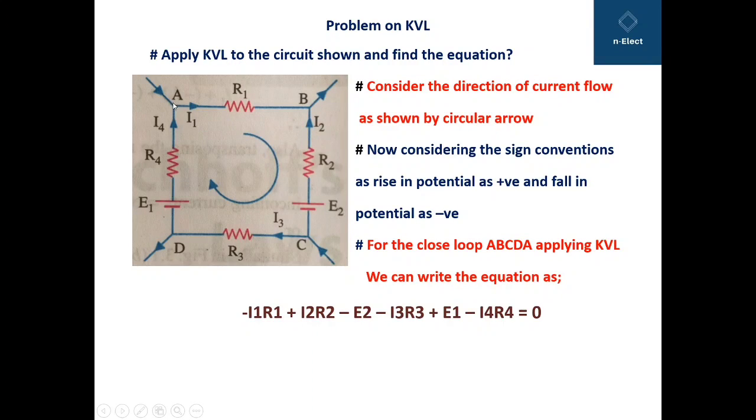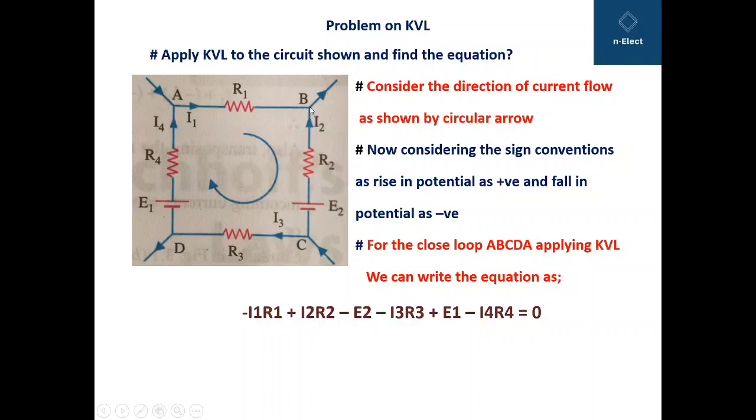Starting from A, moving on to B, when the current flows like this, the voltage drop will be positive here and negative here, higher to lower, which means a fall in voltage, so negative. The voltage is the current flowing through the branch multiplied by the resistance in the branch, so I1 R1.